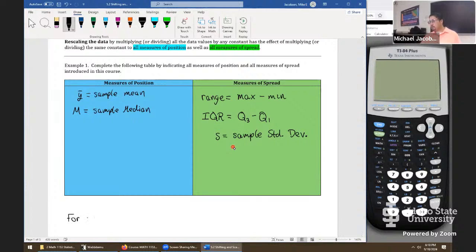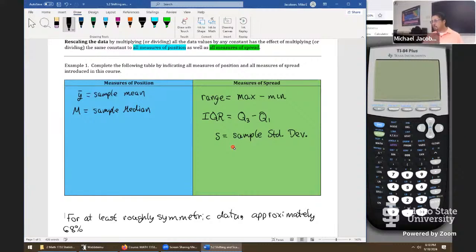For at least roughly symmetric data, approximately 68% of all observations are between y bar minus s. So you go one standard deviation to the left of the mean.